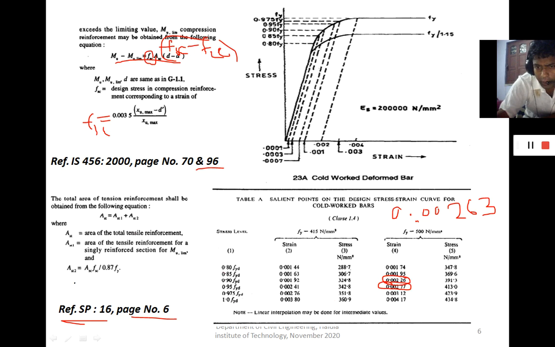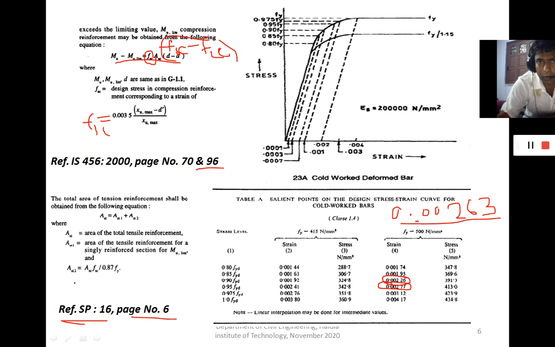Now this is an intermediate value, so linear interpolation is made for getting the intermediate stress values. The actual strain is 0.00263, which is between the two tabulated values. So linear interpolation is made, or from this graph also you can get the value.